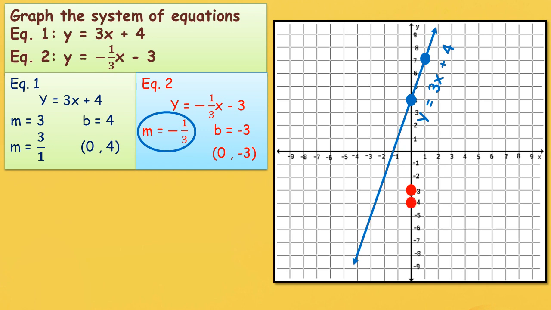And then, ang denominator natin is run, kung yan ba'y papunta sa kaliwa or kanan. And that is positive 3. So that is 3 units to the right. Let us connect the 2 points. After connecting, don't forget to write the name of the equation. That is y is equal to negative 1/3 x minus 3.